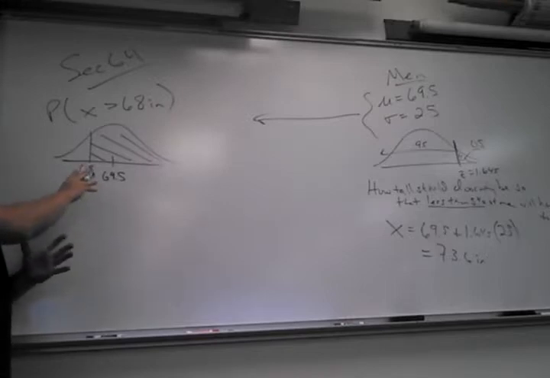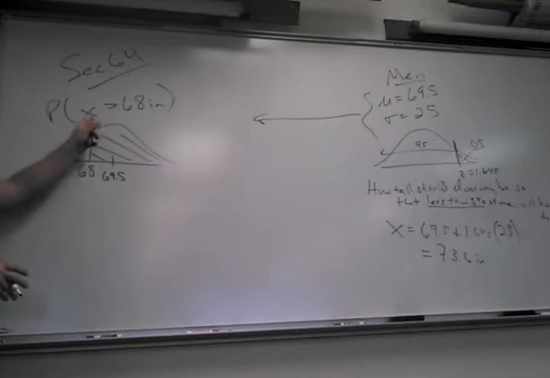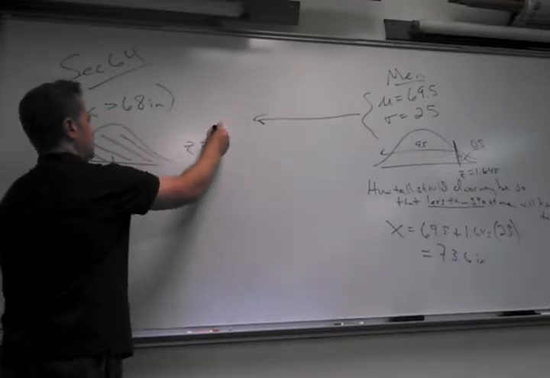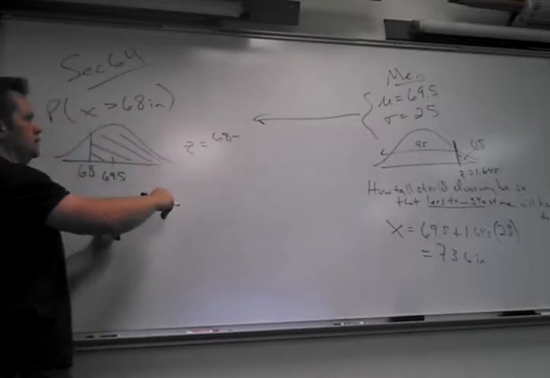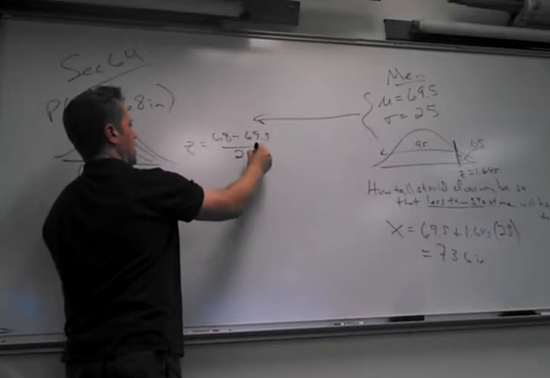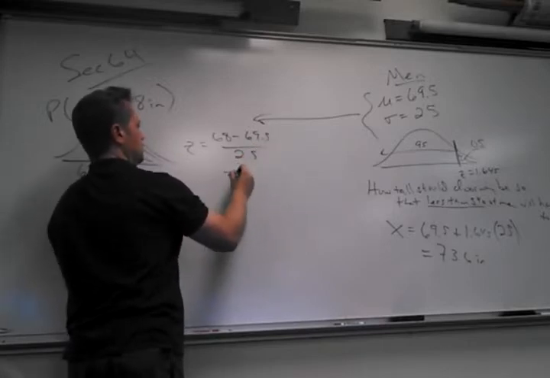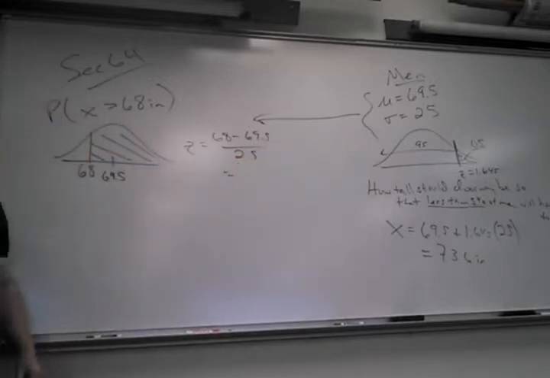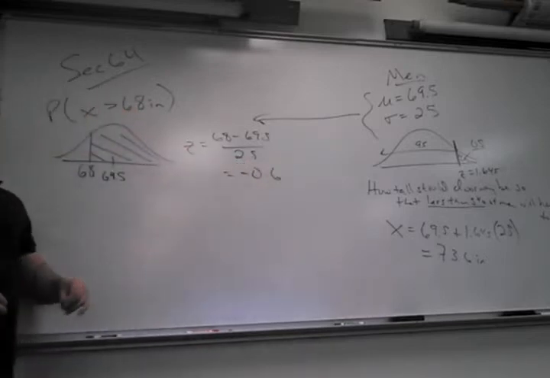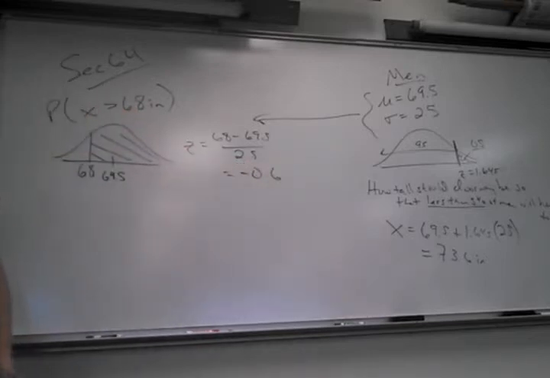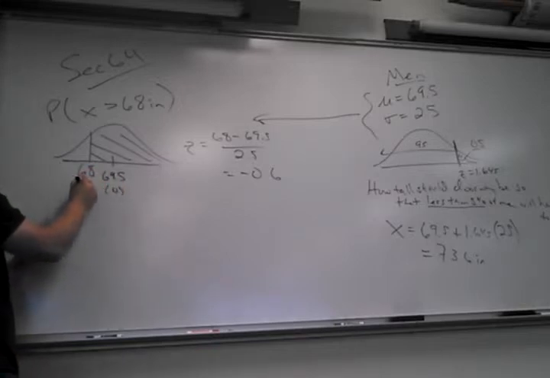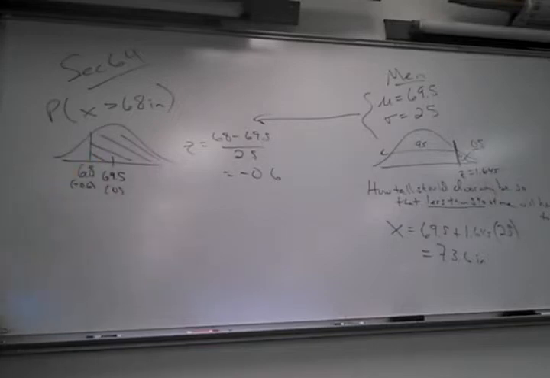So, of course, what are the steps here? The steps are almost always the same. They gave me a raw score. Good. Change 68 to a z-score. 68 minus 69.5 divided by 2.5. And you get negative 0.6. So this is negative 0.6 for z-scores.